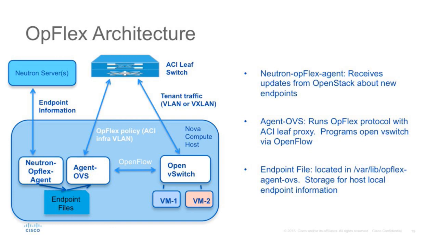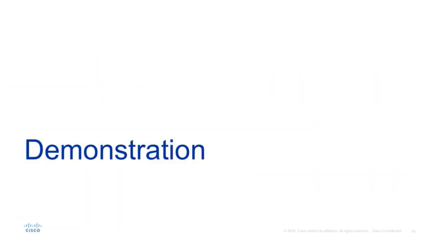It's all because of the policy that it's getting from the ACI. The endpoint file is local to every host, and it's file system based, which stays persistent unless we lose the compute node. So this was just a simple tour through the plugin.